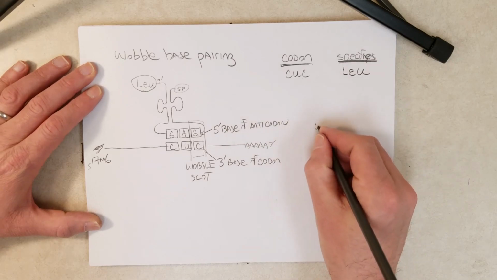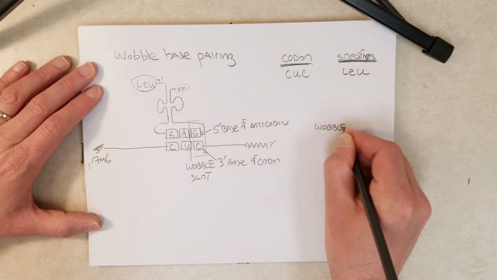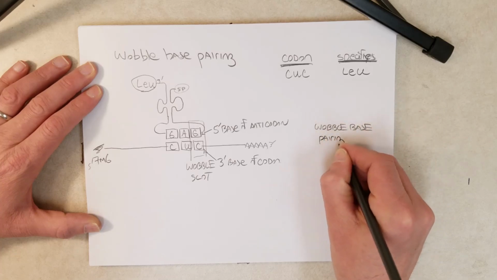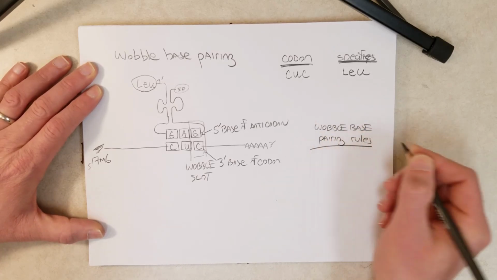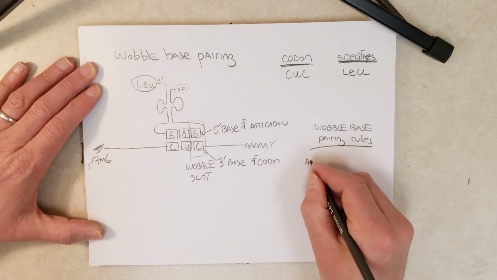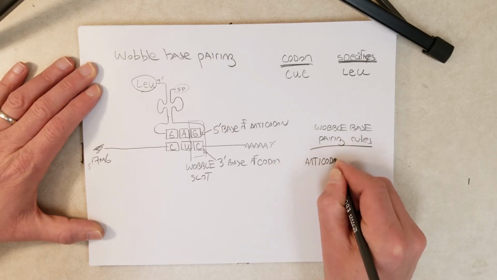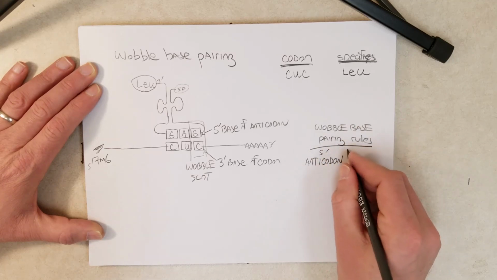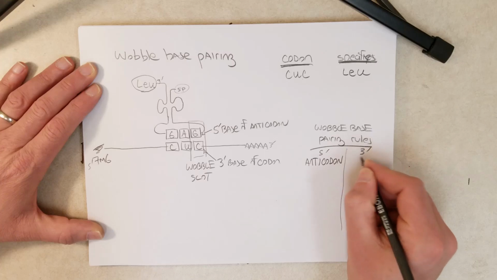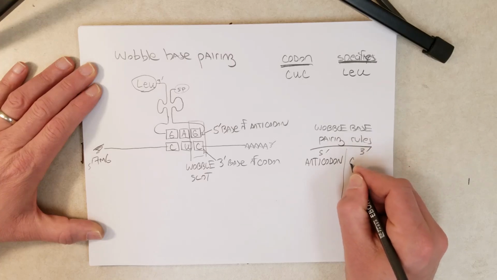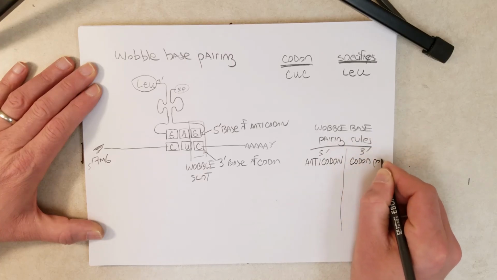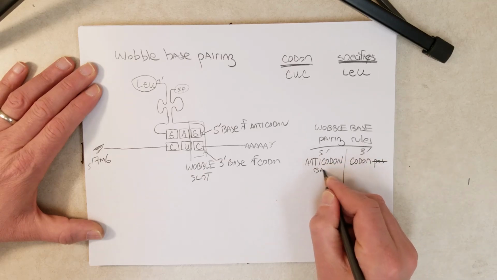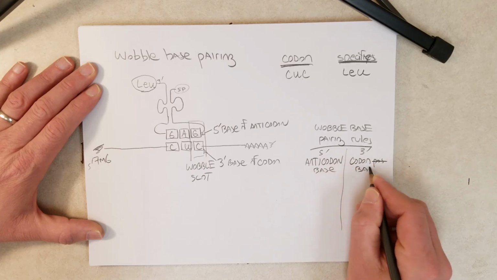So here are the Wobble base pairing rules. In the anticodon, the 5' anticodon position, and over here we'll put the 3' codon position. So 5' anticodon base, 3' codon base.